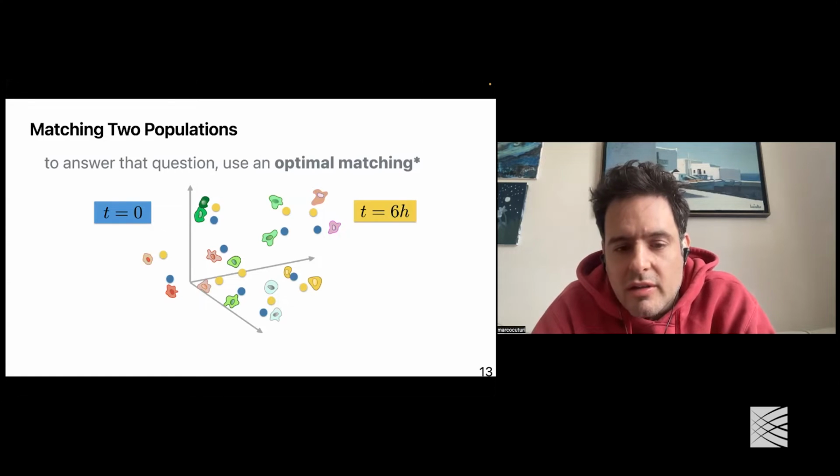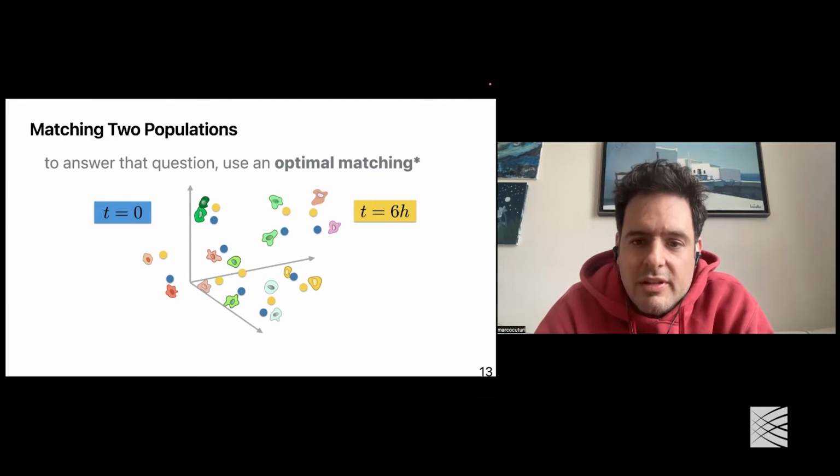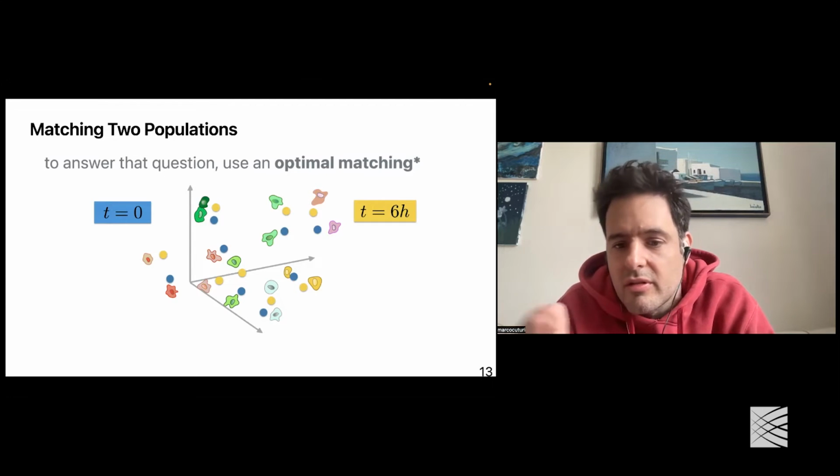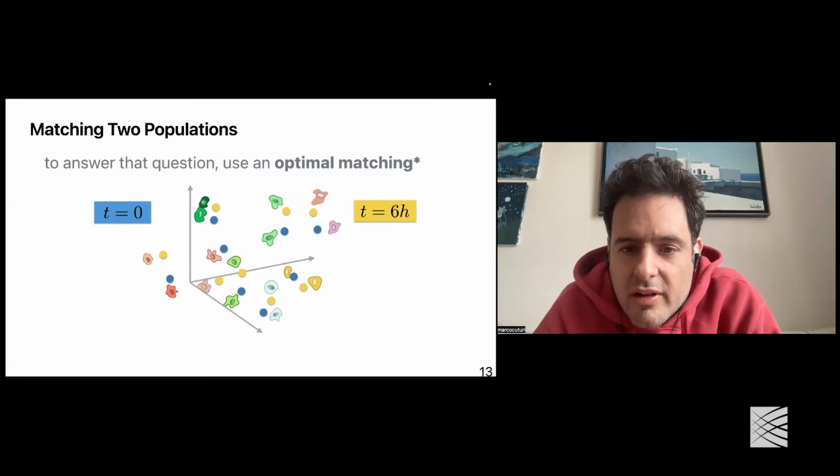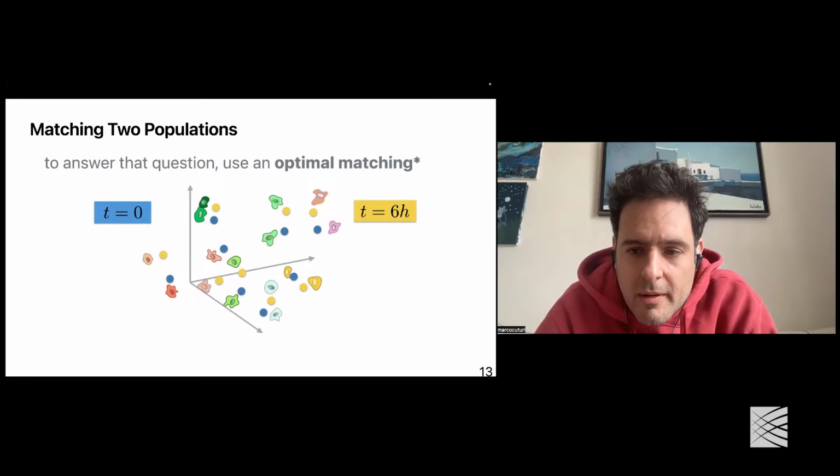And in this very simplistic cartoon that I'm providing here, I'm expecting actually that each of the yellow cells on the right was caused, or not caused, but was driven from one of the blue cells.